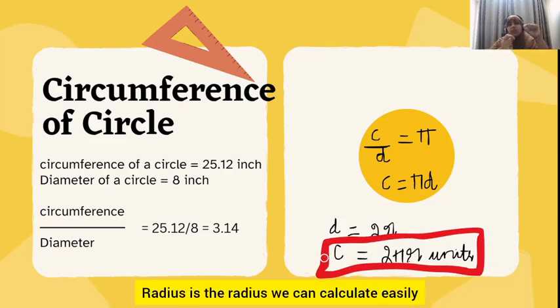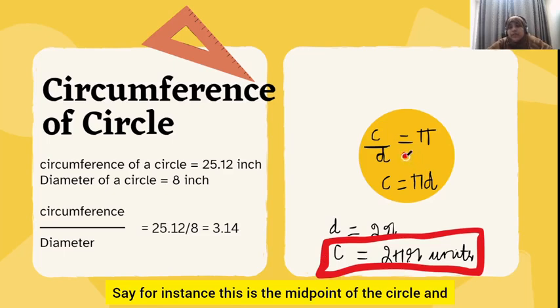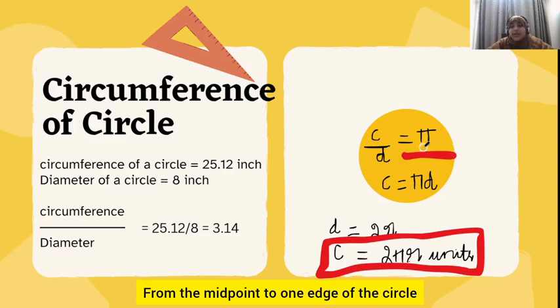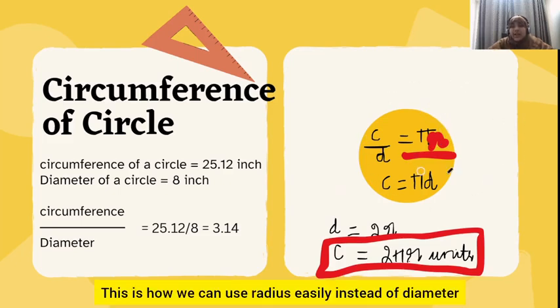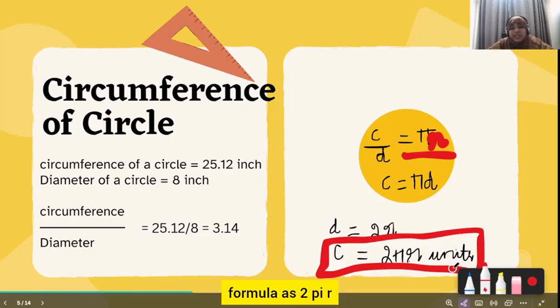We can calculate the radius easily from the midpoint of the circle: from the midpoint to one edge of the circle gives you the radius r. This is how we can use the radius instead of the diameter, and that's the reason we got the circumference formula as 2 pi r.